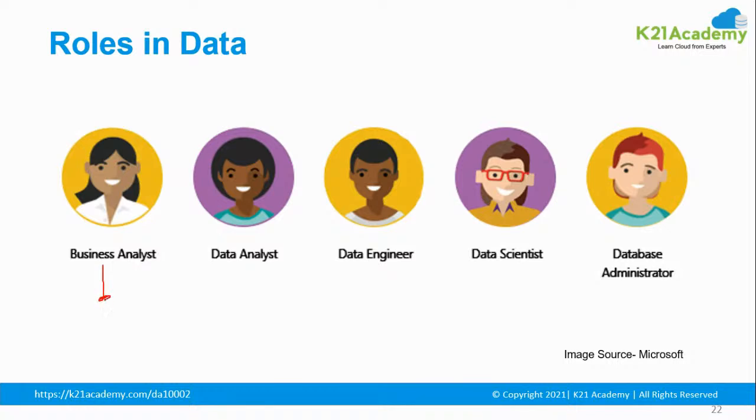BA is one of the basic roles, responsible for gathering requirements from business users and stakeholders, making documentation and use cases, and delivering them to the developers. The developer makes code according to the documentation. So the BA is responsible for gathering initial requirements to design the system, right?